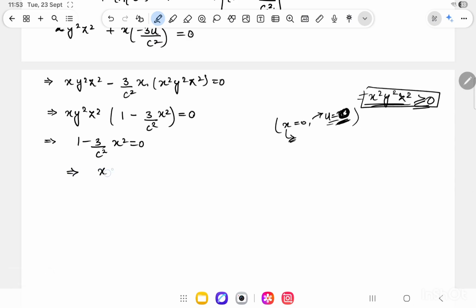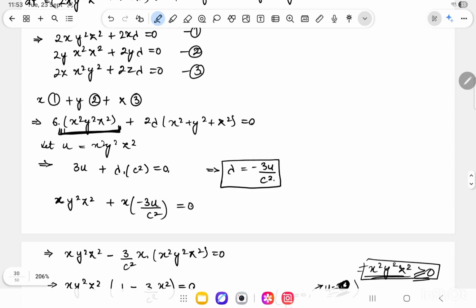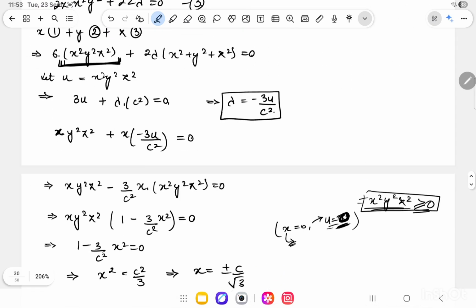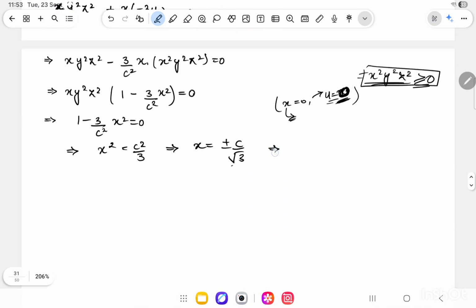So from here I'll get my x square as c square by 3. That basically gives me x as plus minus c by root 3. But if you see, in the question they have mentioned that x, y and z are strictly greater than 0. So I can easily say that my x is basically c by root 3.